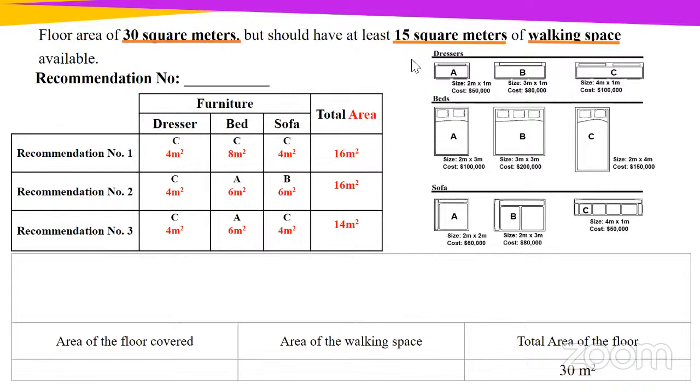We also need to know that we have the furniture in our room and we have walking space, and everything must equal 30 square meters. Now we have the area of the floor covered. So we found that out by finding the area of the furniture. And we have the total area of the floor. What is it now that we need to be able to find?